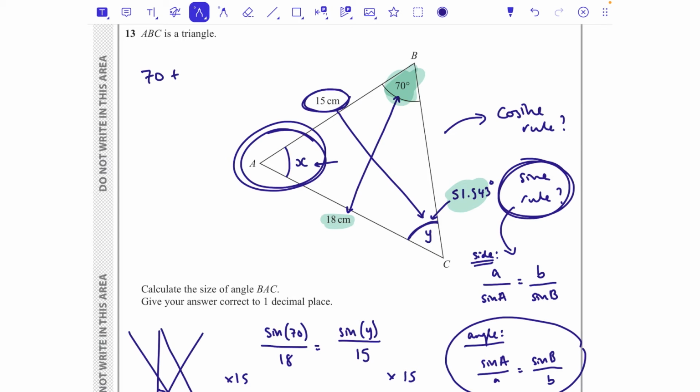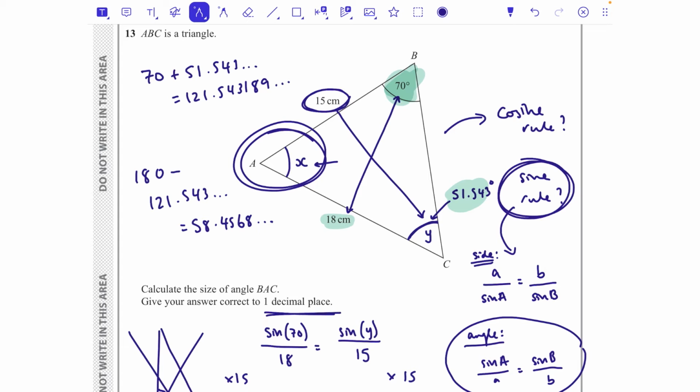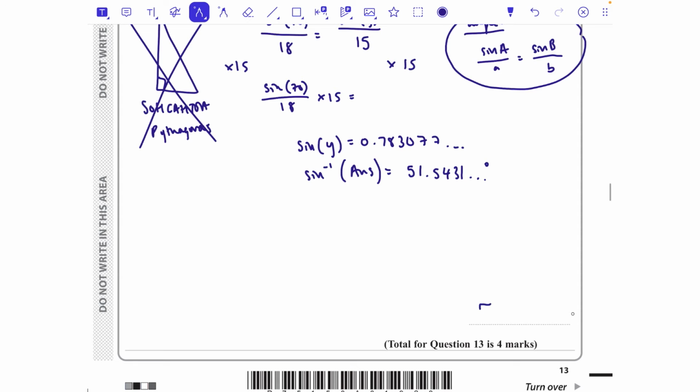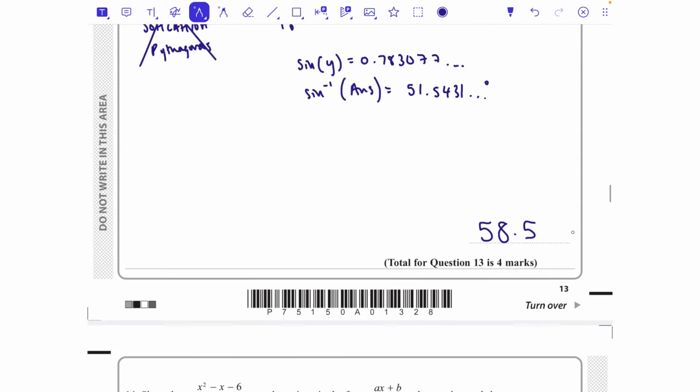So 70 add 51.543 is 121.543189, and then we're going to take that away. 180 minus 121.543 is 58.4568, and we're rounding it to one decimal place, so that's going to be 58.5 degrees for that missing angle there. 58.5 degrees. Let's pop that on the answer line. There we go, 4 marks for that one.